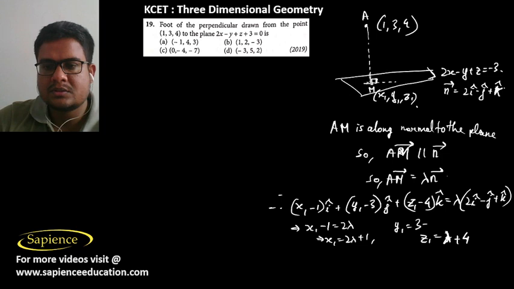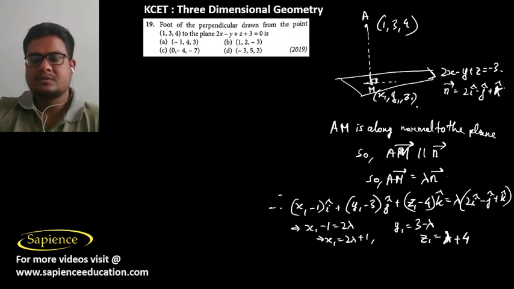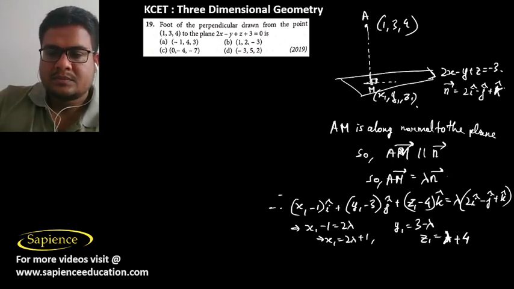So y1 is 3 minus lambda. z1 is 4 plus lambda.